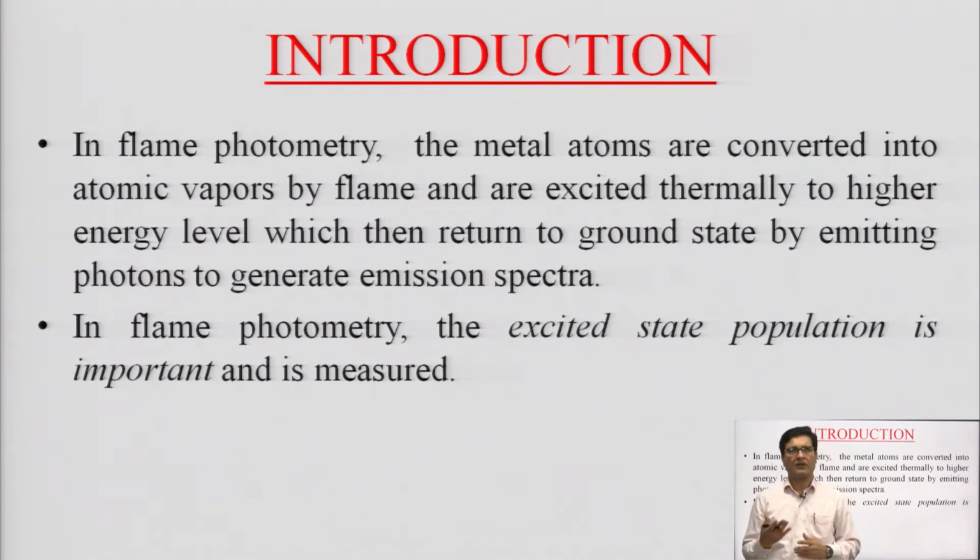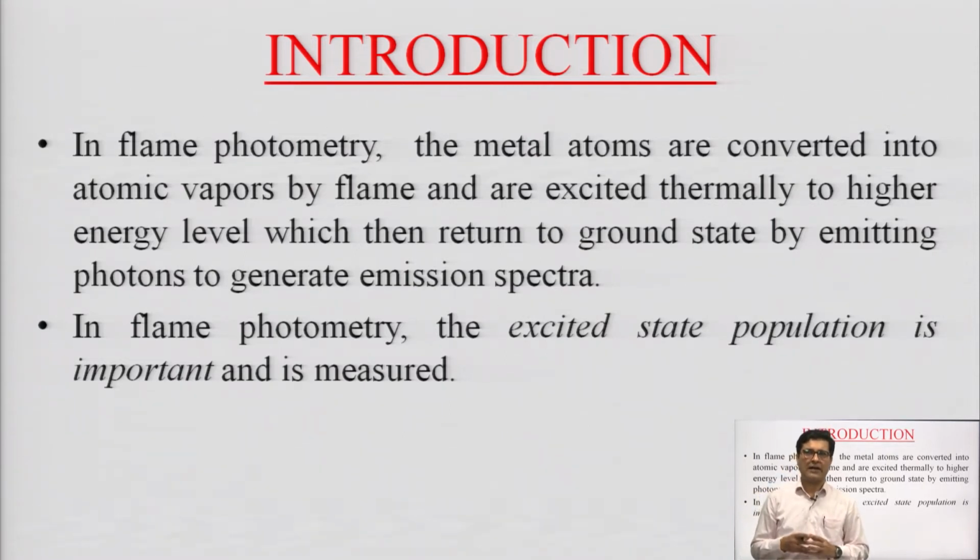After converting into vapor, the atoms are thermally excited to a high energy level. The thermal energy of the flame gives sufficient energy to the atoms present in the ground state to excite them into the higher energy or excited state. As we know, the excited state has a very short lifespan.